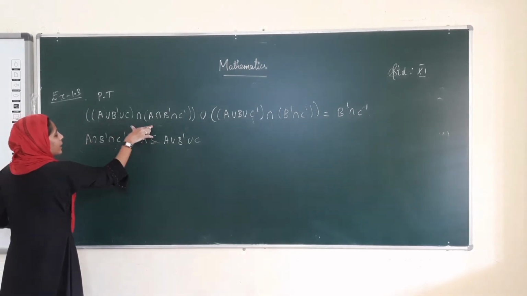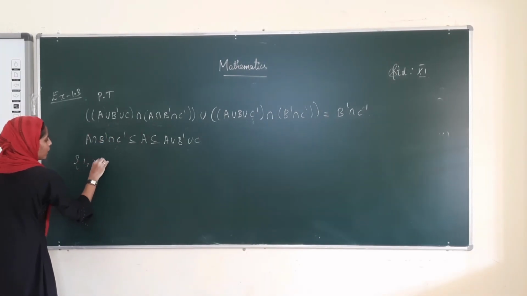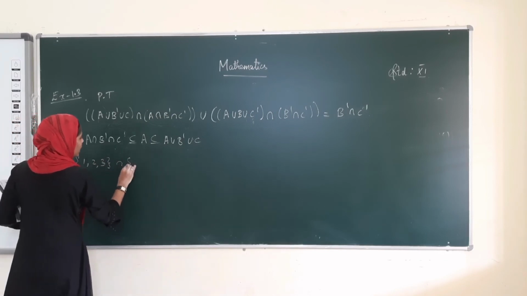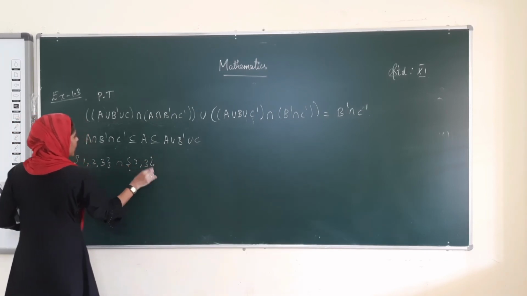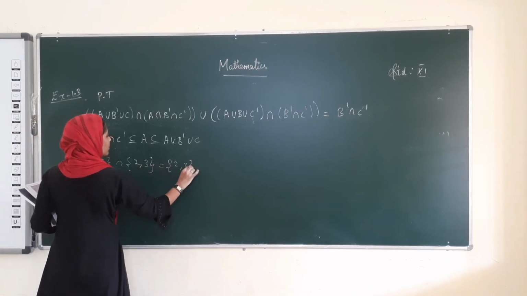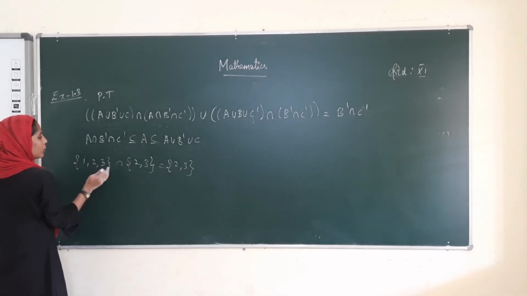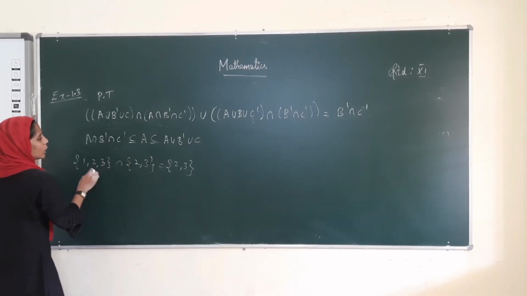Okay, so when we take this, suppose for example {1, 2, 3} intersection {2, 3}, what is the intersection? It will be {2, 3}. Right? This term is inside this, these elements are inside this. Therefore what will be the intersection? This term alone.